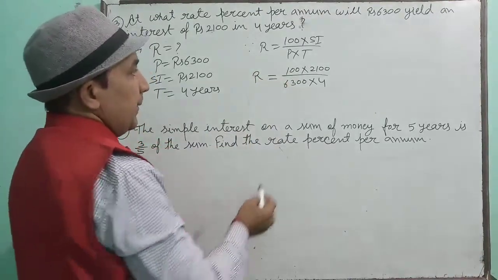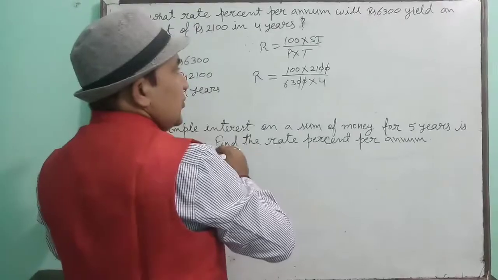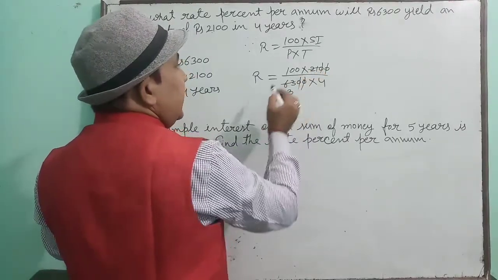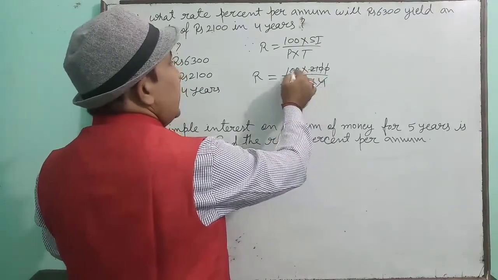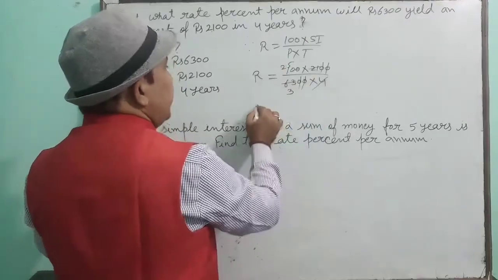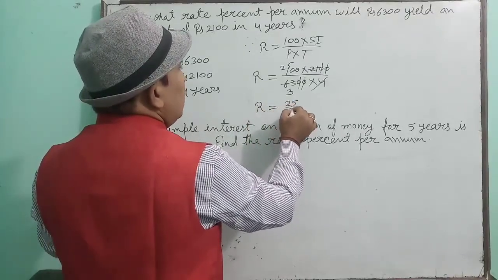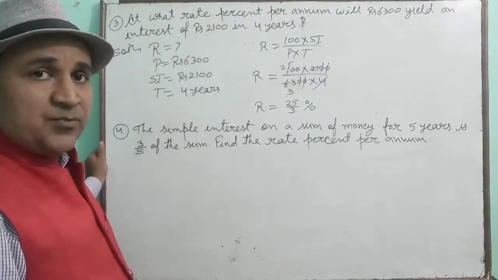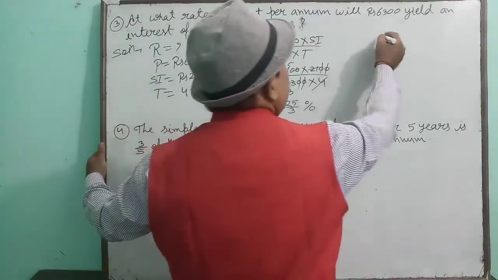Okay, now see, 21 is dividing 63 by 3 times. 4 is dividing 100 by 25 times, means rate is equal to 25 by 3% because rate comes in percentage, so rate is equal to 25 by 3.